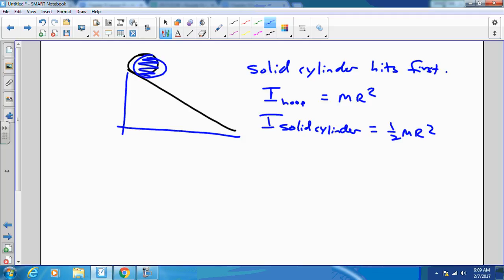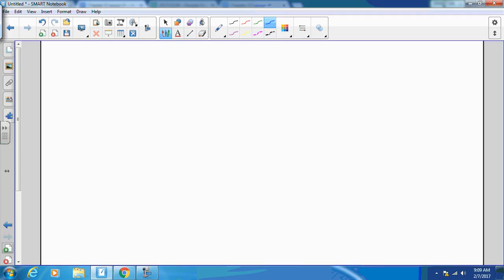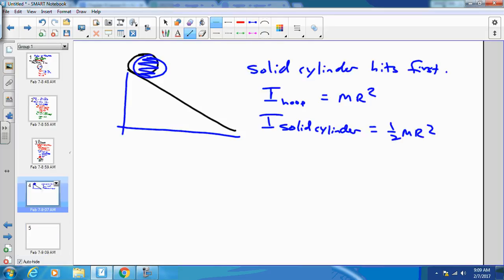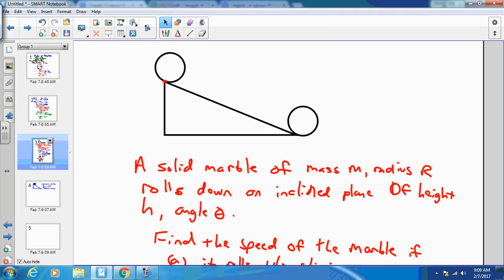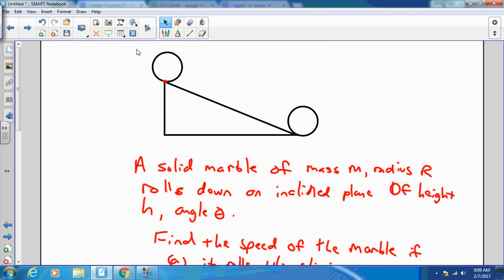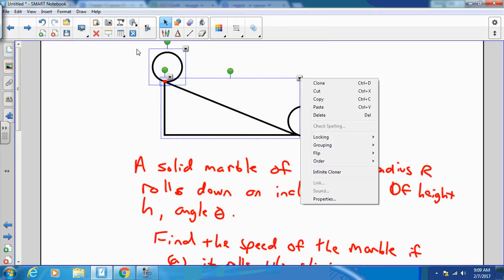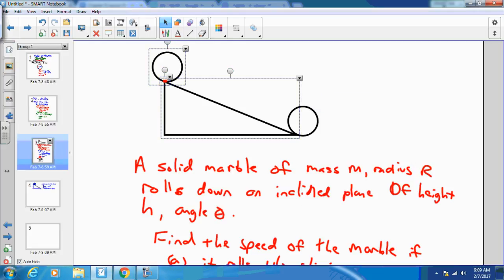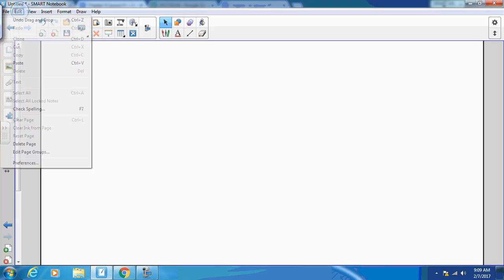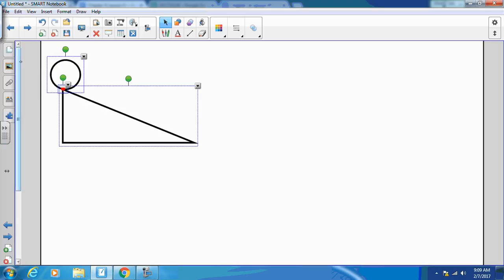Since we have about 6 minutes left, I'd like to come back and analyze our marble question by taking a look at the forces. Actually, I'm going to clone our situation from here, and paste.